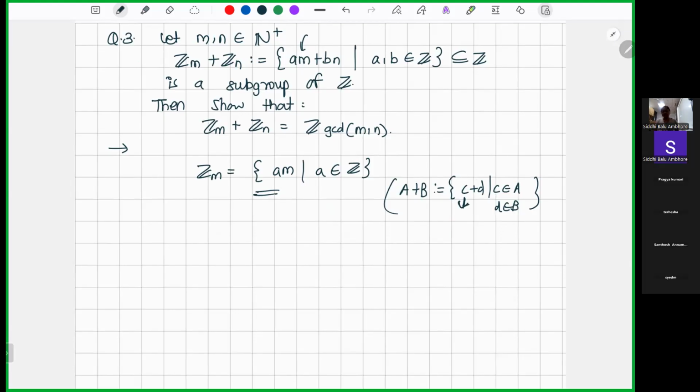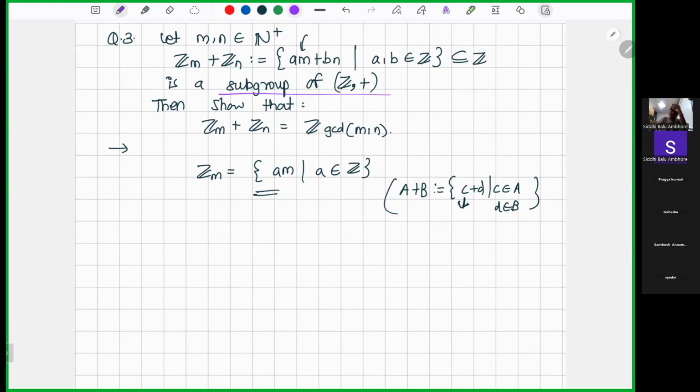So that's what Zm plus Zn is, and they are saying that it is a subgroup of Z. You can check, if you want, that this is indeed a subgroup of Z. Let me just write the operation as well: Z comma plus.